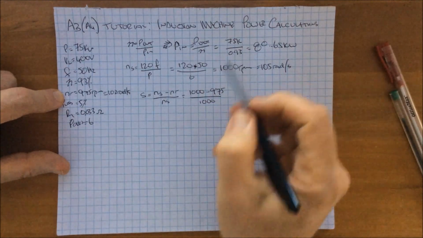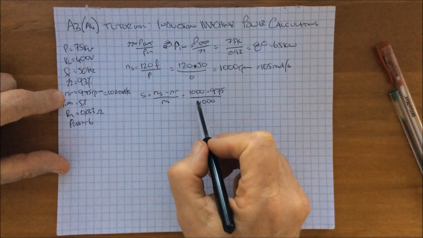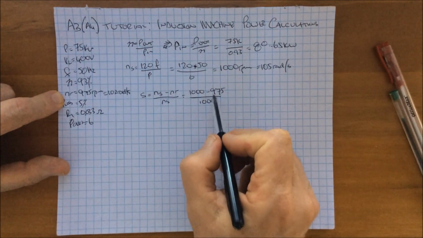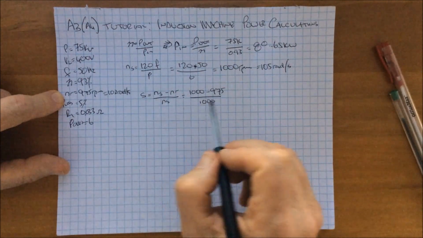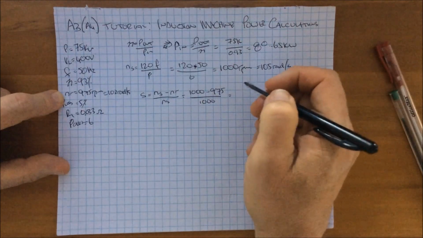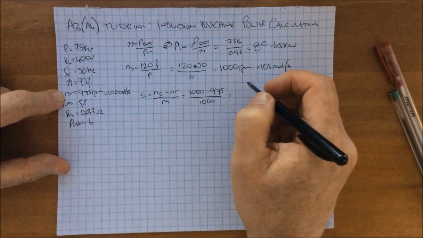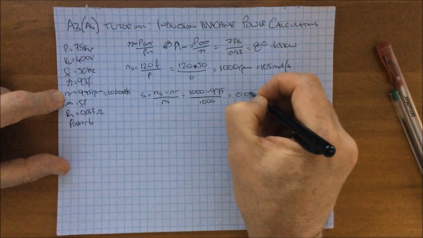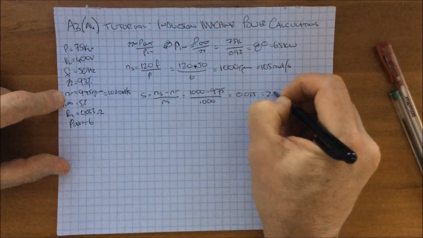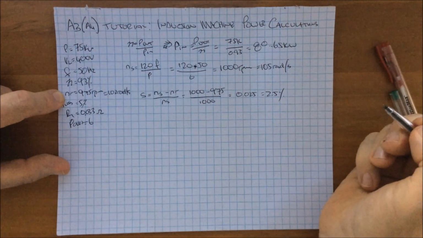And again, to remind you, it doesn't matter whether you do this calculation in RPM or in radians, provided you use the same values all the way through, because it is just a ratio. That gives us a slip of 0.025, which is 2.5%.